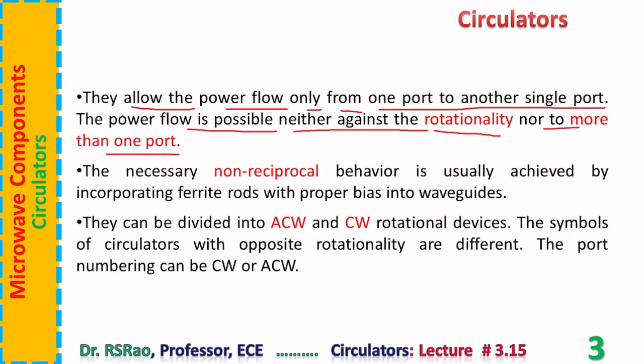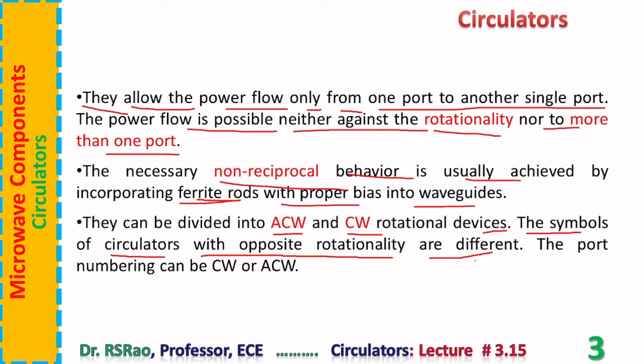The necessary non-reciprocal behavior is usually achieved by incorporating ferrite rods with proper bias into the structure. They can be divided into anti-clockwise rotational devices and clockwise rotational devices. The symbols of circulators with opposite rotationality are different.